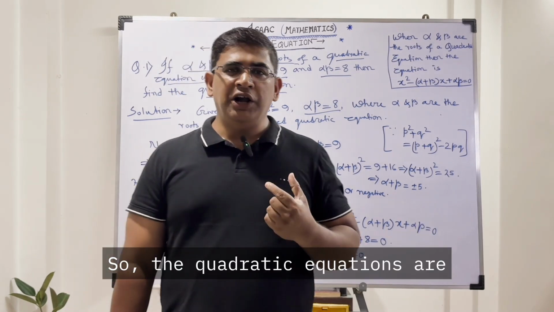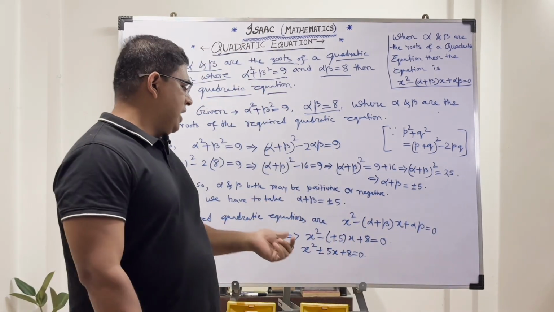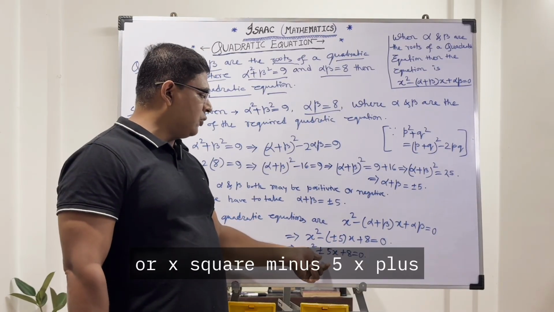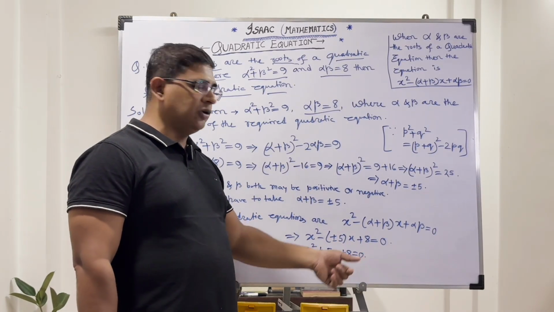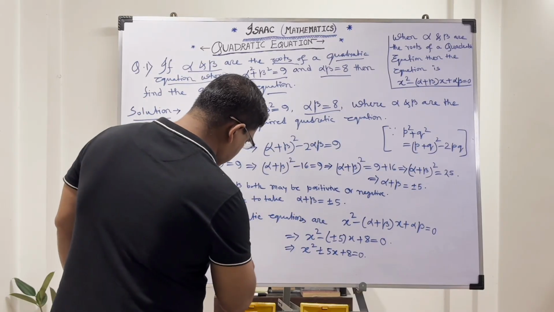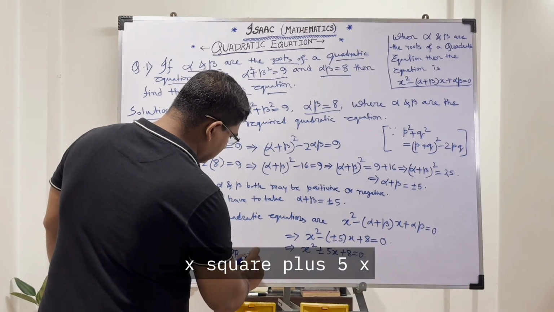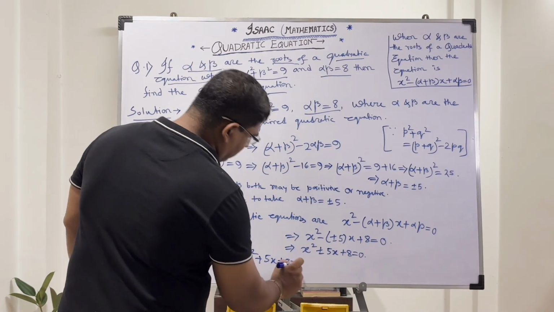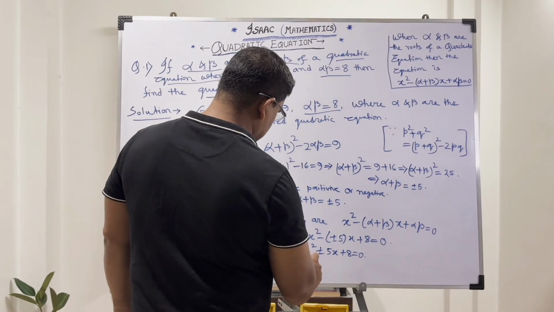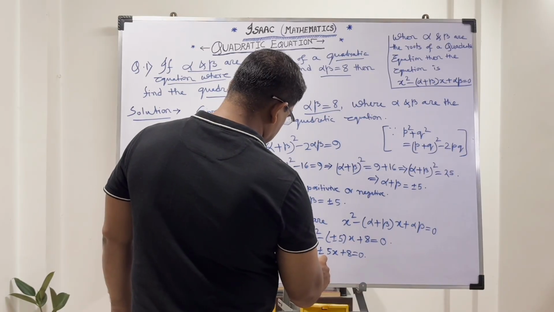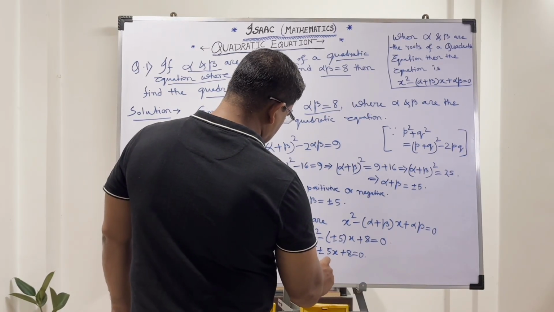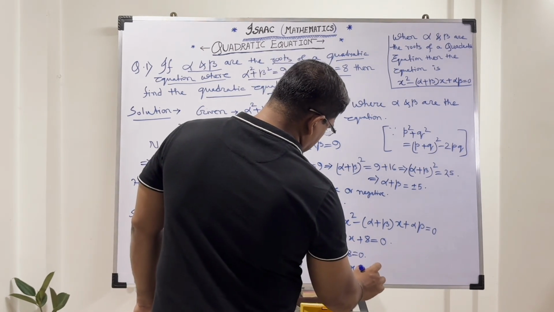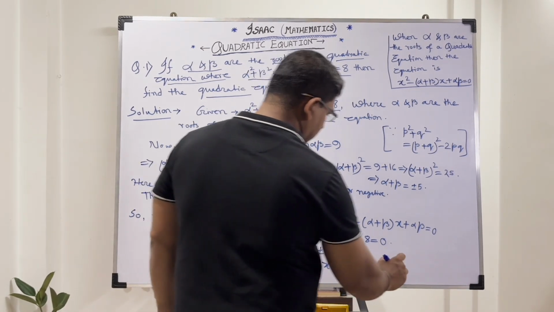The quadratic equations are x square plus 5x plus 8 equals 0, and x square minus 5x plus 8 equals 0.